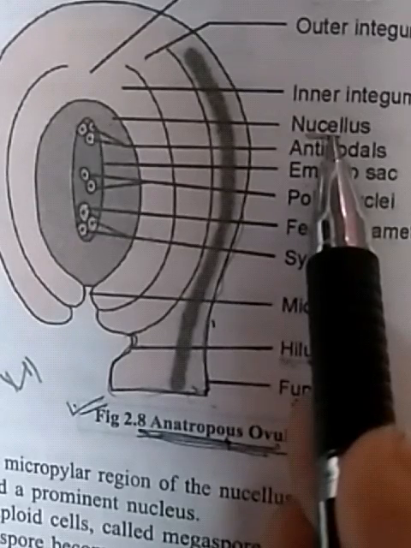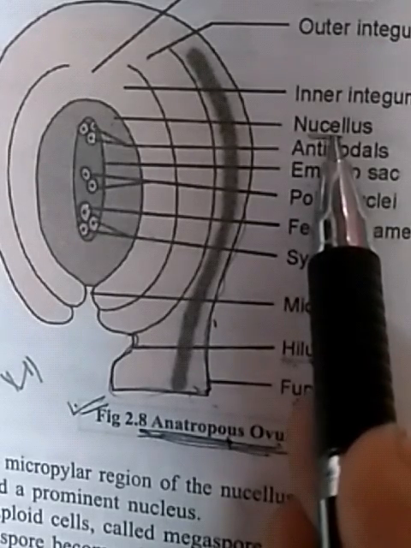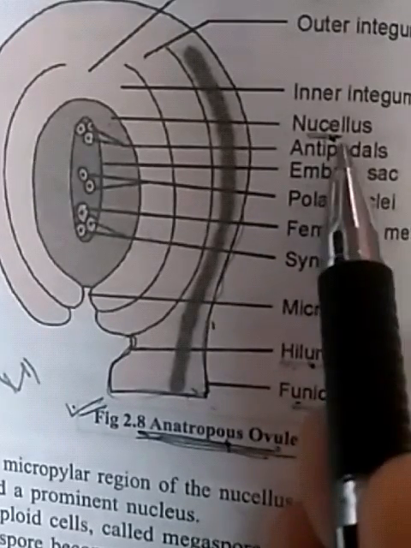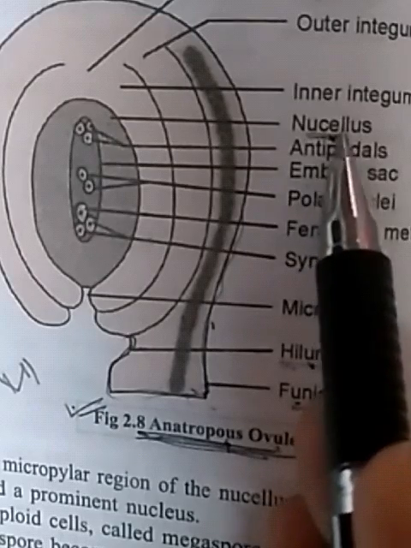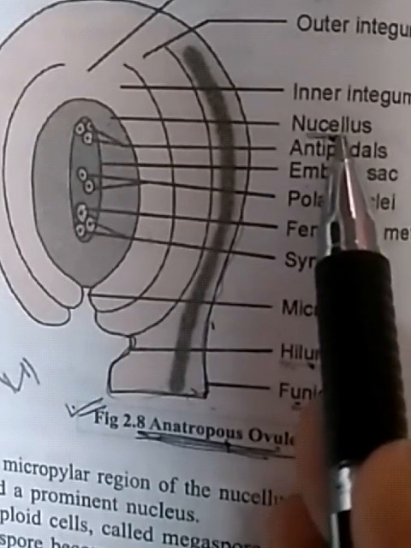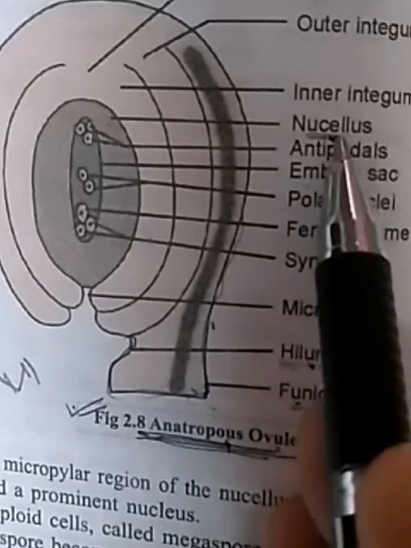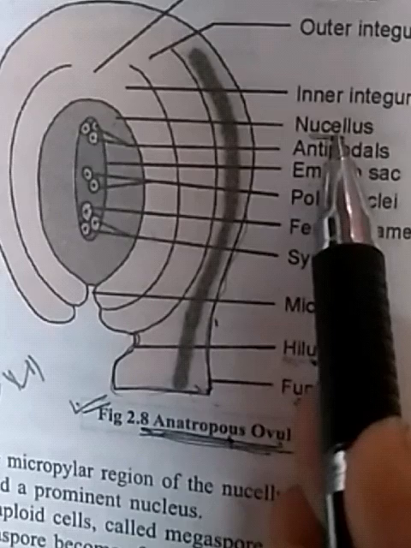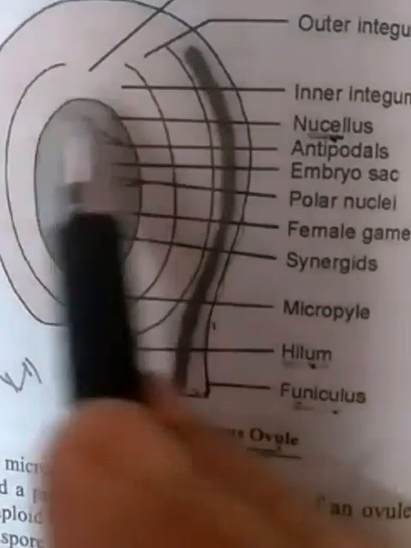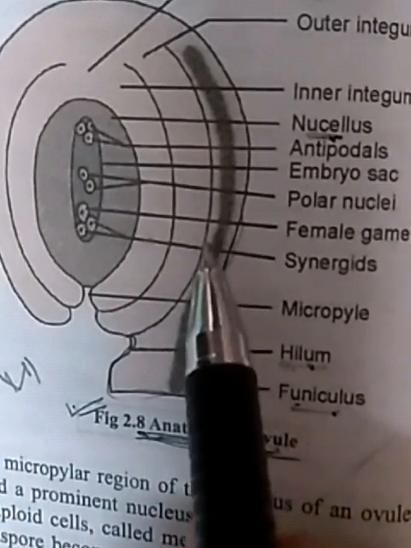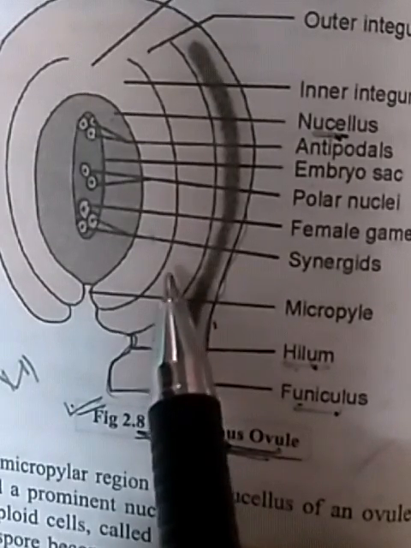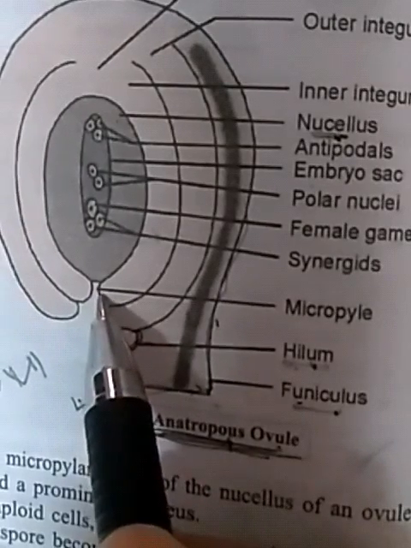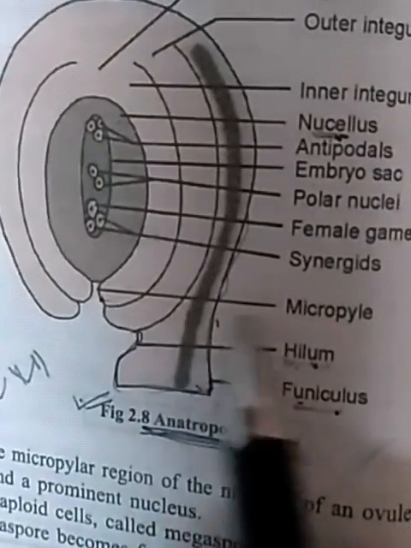As you have learned, the tapetum provides nourishment to the developing male gametophyte. Here we will learn that the nucellus is rich in cytoplasm and gives nutrition to the developing ovule. The nucellus becomes surrounded by two protective coverings, known as integuments, except at the tip, leaving a small opening known as the micropyle.